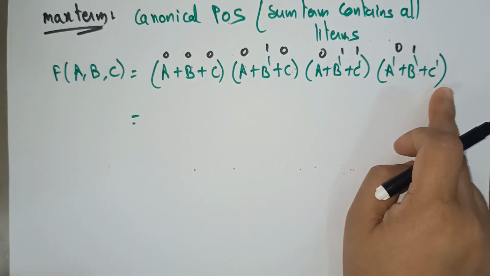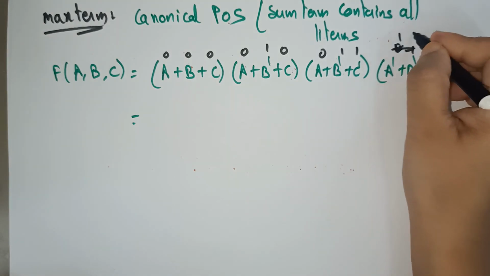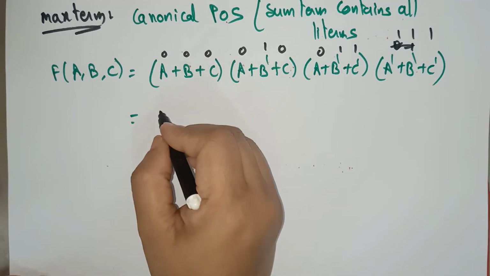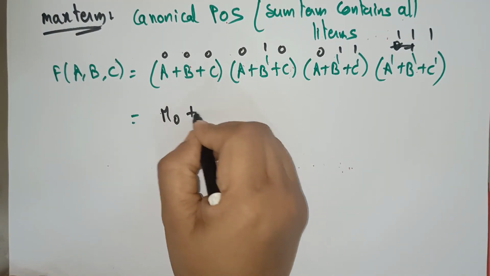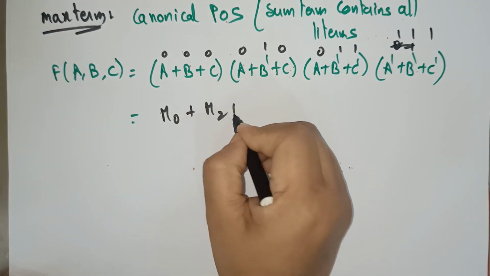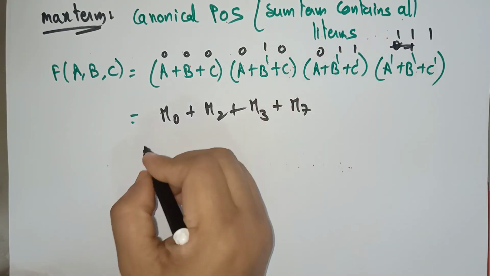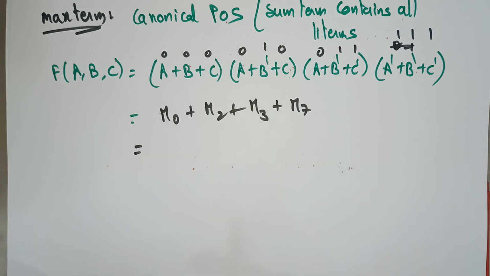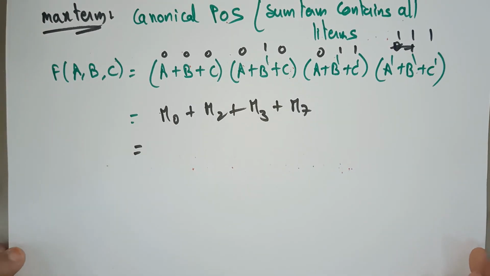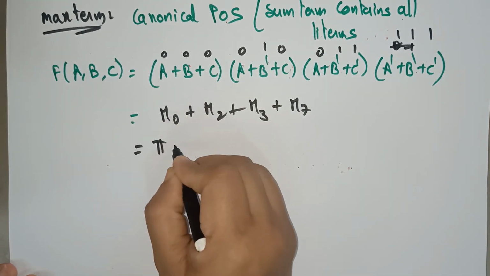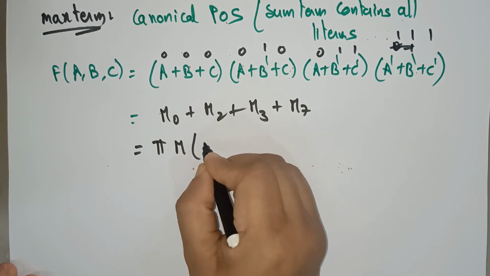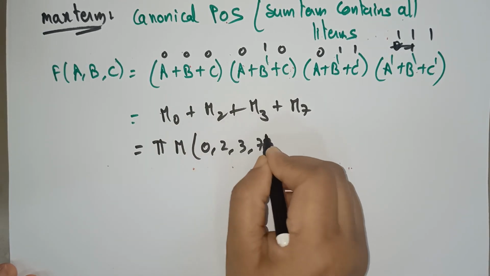A dash, B dash, C dash means all ones, 1, 1, 1. Okay. So this is nothing but capital M0, and this is M2, and 0, 1, 1 means nothing but M3 and M7. We can represent the max terms by pi M of 0, 2, 3, 7.